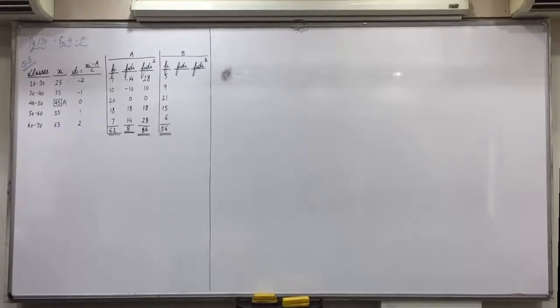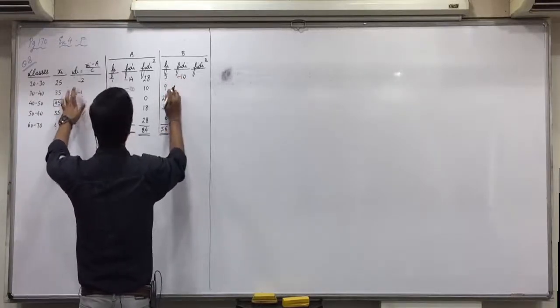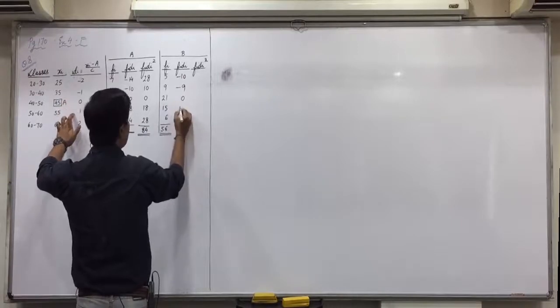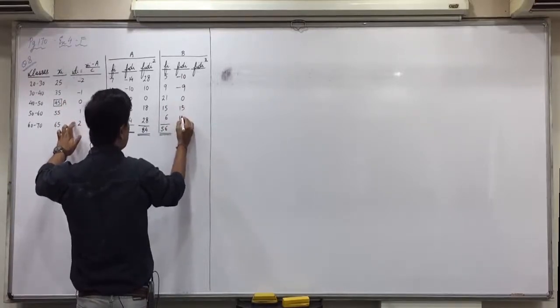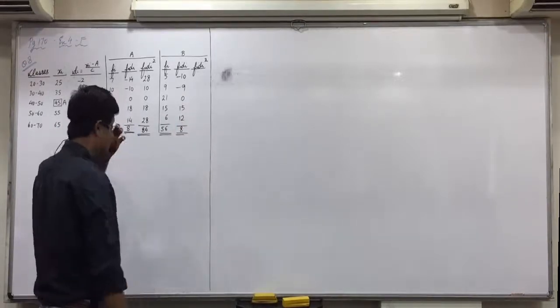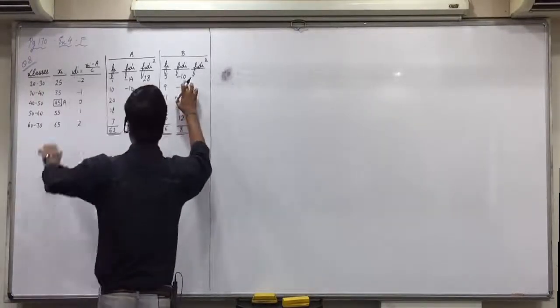Now team B in the same manner, FIDI: 5 into minus 2, minus 10. 9 into minus 1, minus 9. 21 into 0, 0. 15 into 1, 15. 6 into 2, 12. So 8 is the total. And then in the same way FIDI square, FIDI into DI.